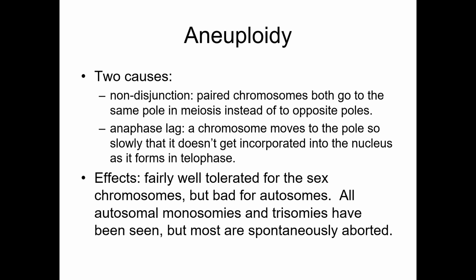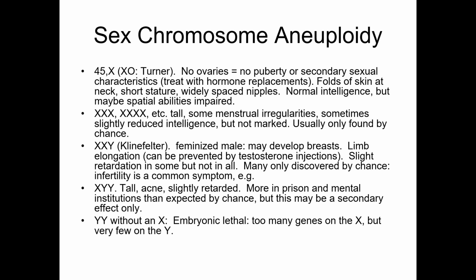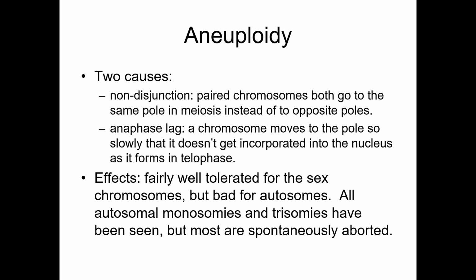All autosomal monosomies and trisomies have been seen. But most are spontaneously aborted, but not here. So that's why there will be aneuploidy, because these cells are not abundant.